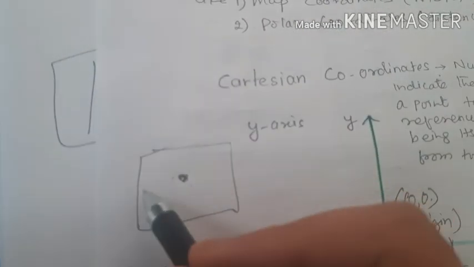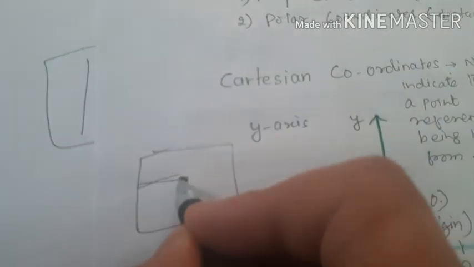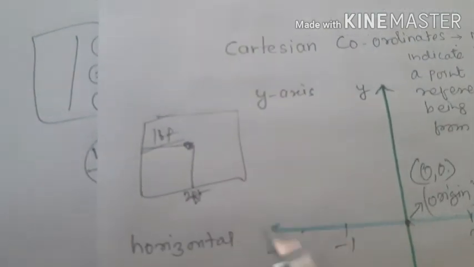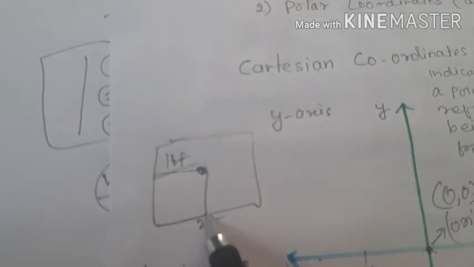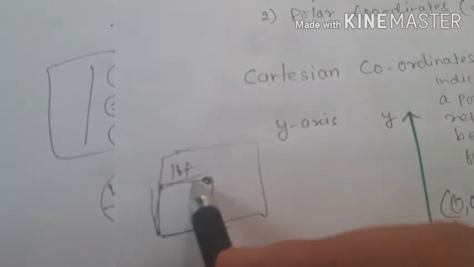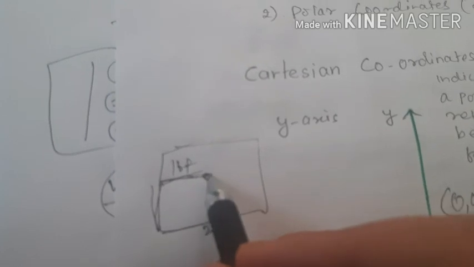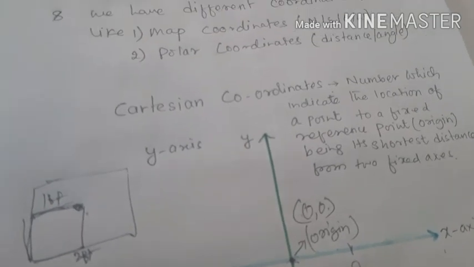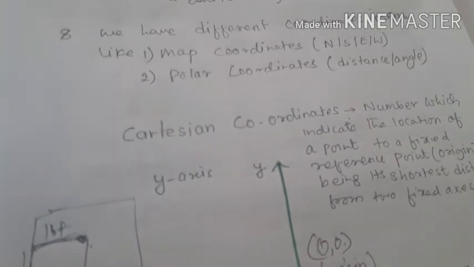Then we can count from here. Suppose it is 1 foot out here and 2 feet out here, means we can say it is 2 feet on the horizontal line and 1 foot on the vertical line. We can look at this position like this.